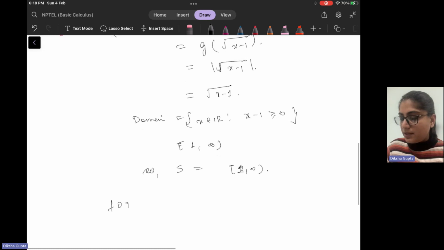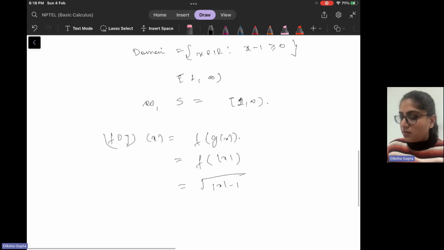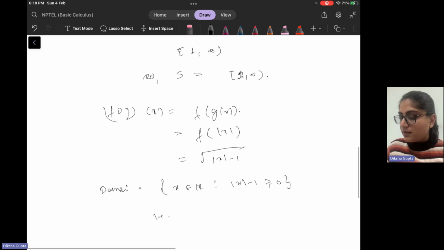Now f of g(x) is f of, what is the function g? Mod x. And what does f do? Under root of x minus 1. So this will be under root of mod x minus 1. So domain is all those x belonging to R such that mod x minus 1 is greater than or equal to 0. That is all those x such that mod x is greater than or equal to 1.